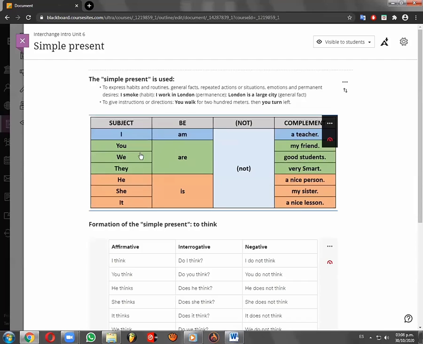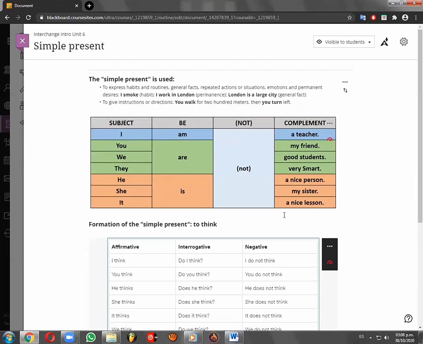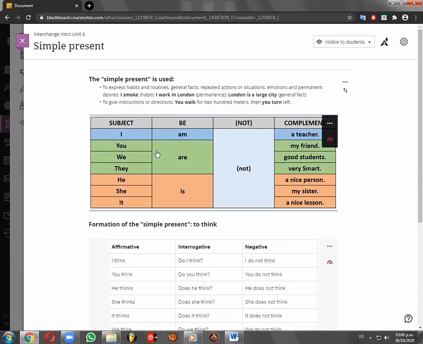The subject, the verb to be, and the complement. For example, oh, I forgot the not, right? In a negative sentence. For example, I am a teacher or I am not a teacher, okay? And also you can use you are my friend or you are not my friend.